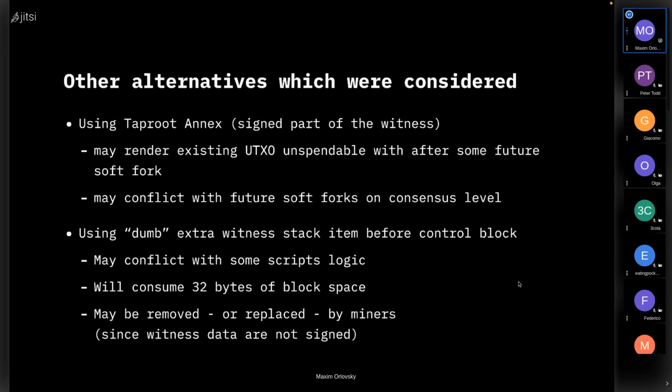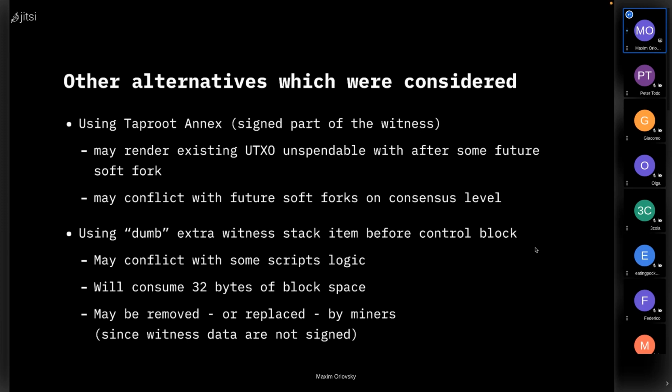The other option is using a dummy extra witness stack item, which goes before the Taproot control block item in the witness. Unfortunately, it may conflict with some script logic, so it's also non-deterministic, and you will end up having to modify your scripts, and if the scripts are deterministically defined between multiple parties, you will break protocols based on them. It will also add to blockchain space consumption, because you put the commitment in as an additional data item.